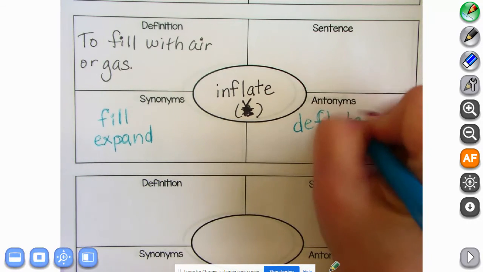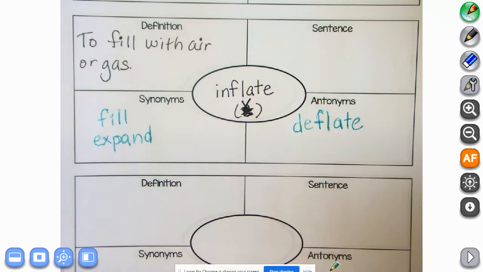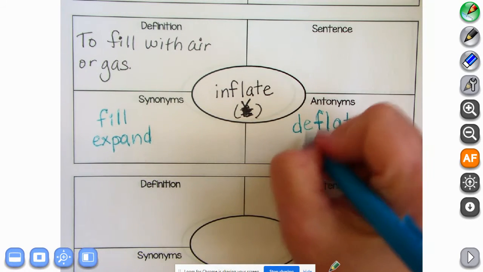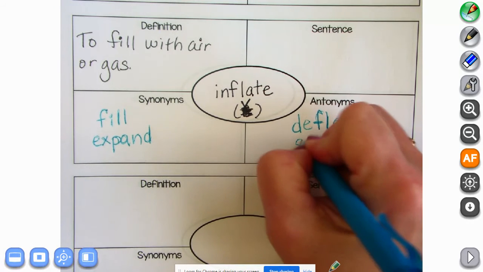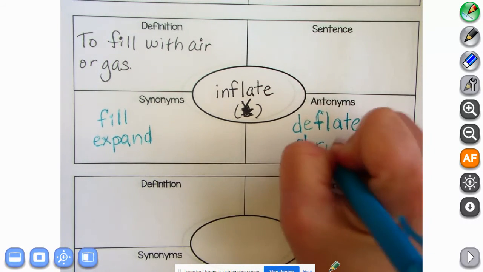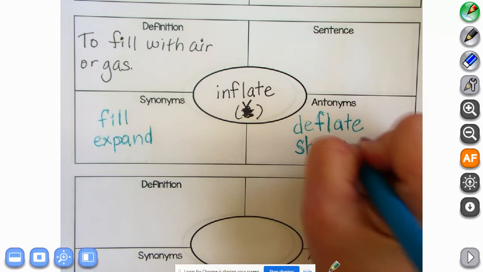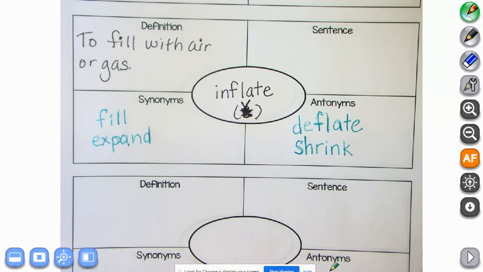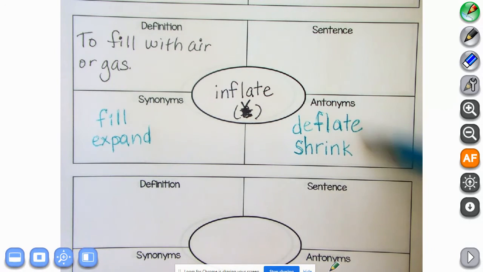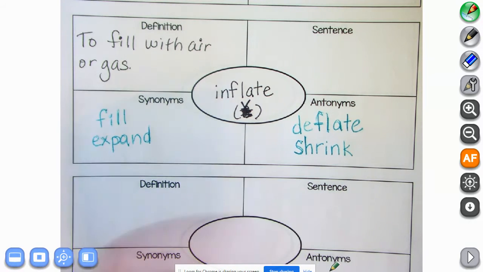D-E-F-L-A-T-E. Deflate. Lose all of its air. Another one would be shrink. S-H-R-I-N-K. Shrink. Okay, so we have fill, expand, deflate, shrink. Make sure you have everything in there filled in.